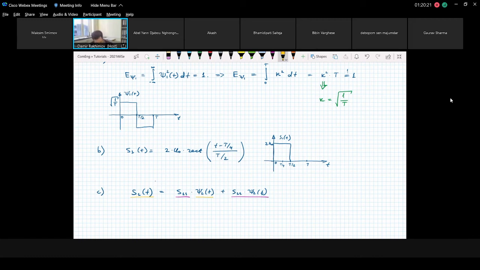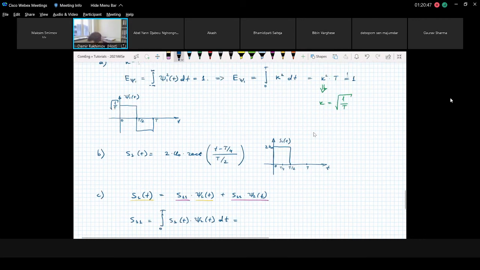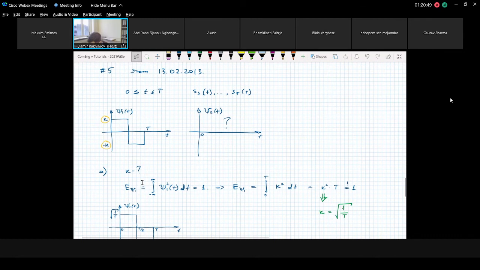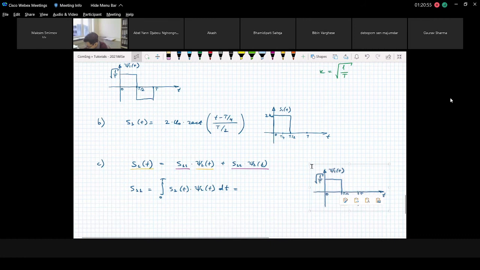So following our previous procedure, we need to find the first scalar S11 as the cross correlation between the first signal and the first basis function. Let me copy our first basis function and place it below.